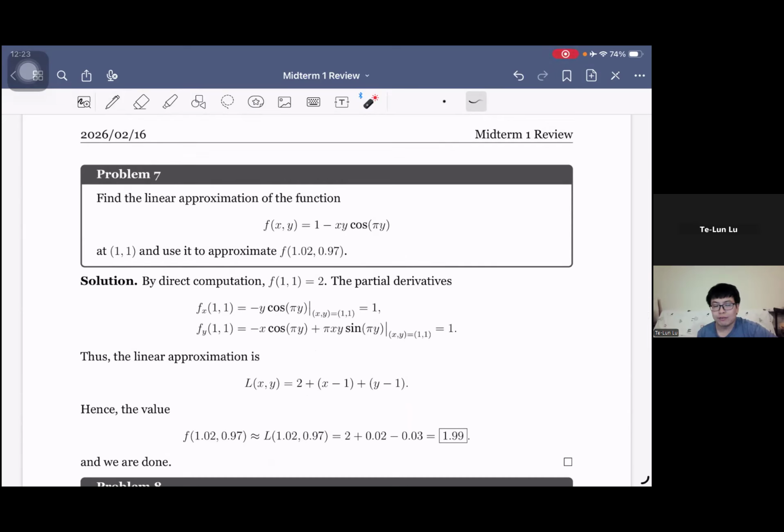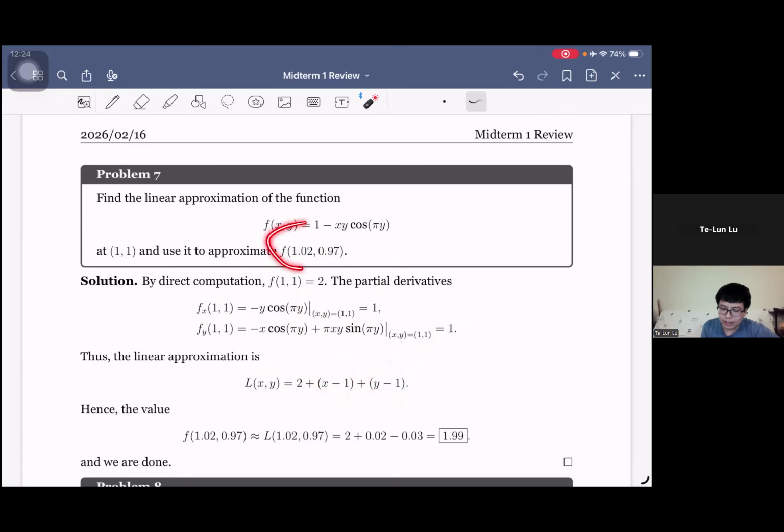So first of all, obviously we have to find the tangent plane. The derivative of f with respect to x gives us minus y cosine pi y. Plugging in (1,1), we have 1, and the same thing happens for y. So the linear approximation is 2. The 2 comes from f(1,1) being 2, plus (x minus 1) plus (y minus 1).